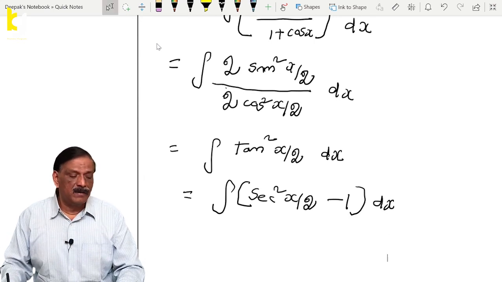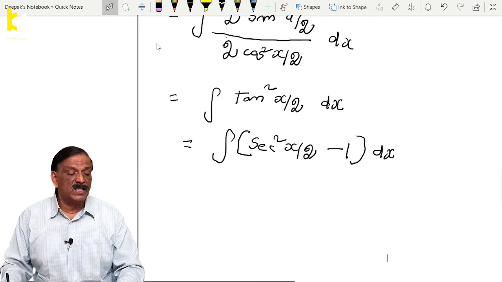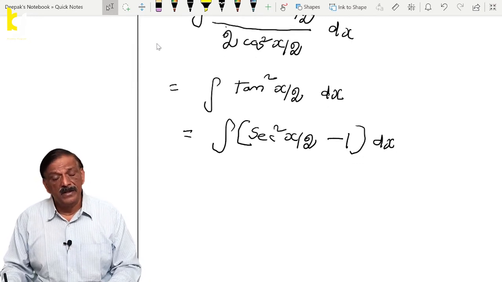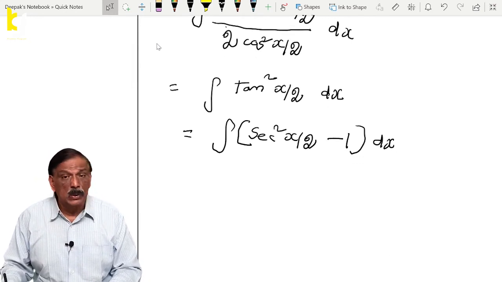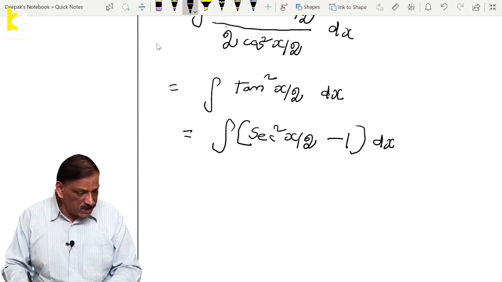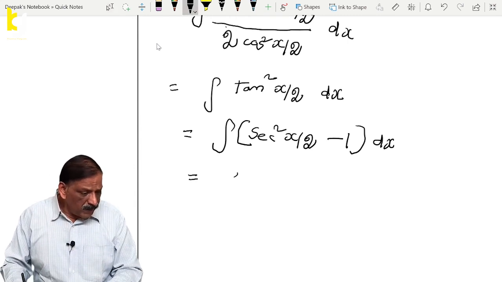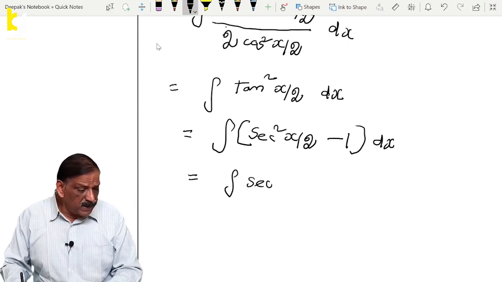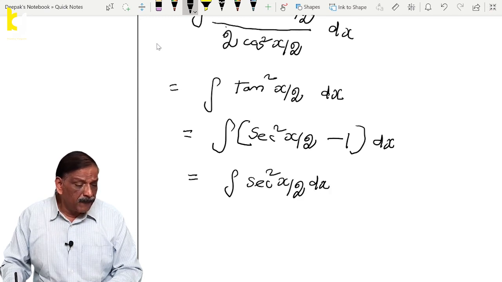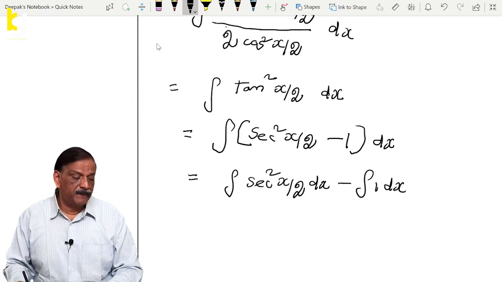Applying the formula, because 1 plus tan square x equal to secant square x. Therefore, tan square x equal to secant square x minus 1. So this is equal to integral secant square x by 2 dx minus integral 1 dx.